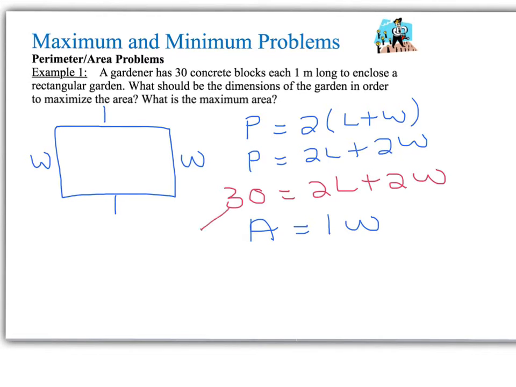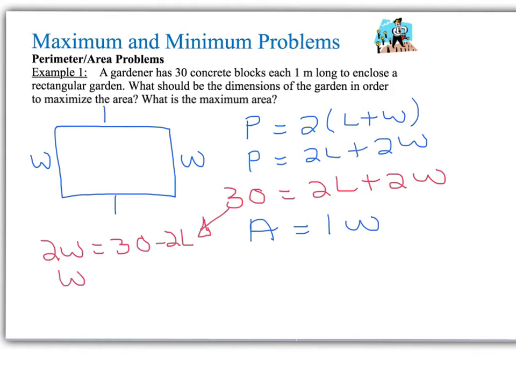So we will need to manipulate the perimeter formula a little to solve for, let's say, the width. Okay, so we can write 2W is equal to 30 take away 2 times the length. So I've isolated 2W in that formula.